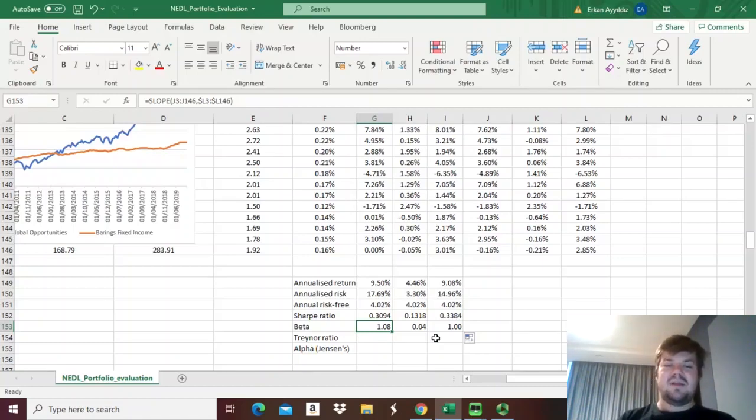And a beta lower than 1 shows that the level of market risk the portfolio is exposed to is less than what the market is exposed to. But obviously beta is not a perfect measure of risk, as it measures just systematic risk, so risk that is attributable to overall market movements and cannot be diversified away.